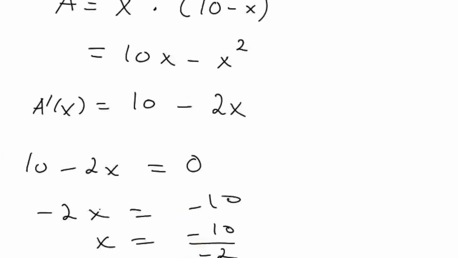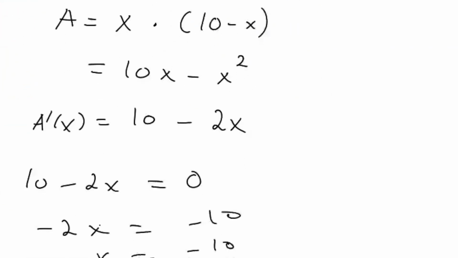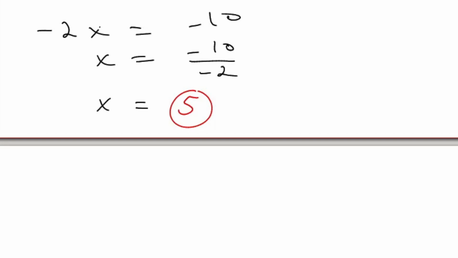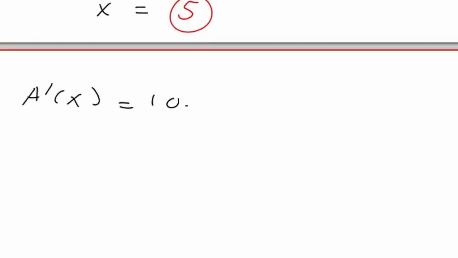Now, something really important about these optimization problems is to check that it actually is our maximum. In order to do that, I'm going to take the second derivative of A. If my A prime of x is equal to 10 minus 2x, then my second derivative is equal to negative 2.